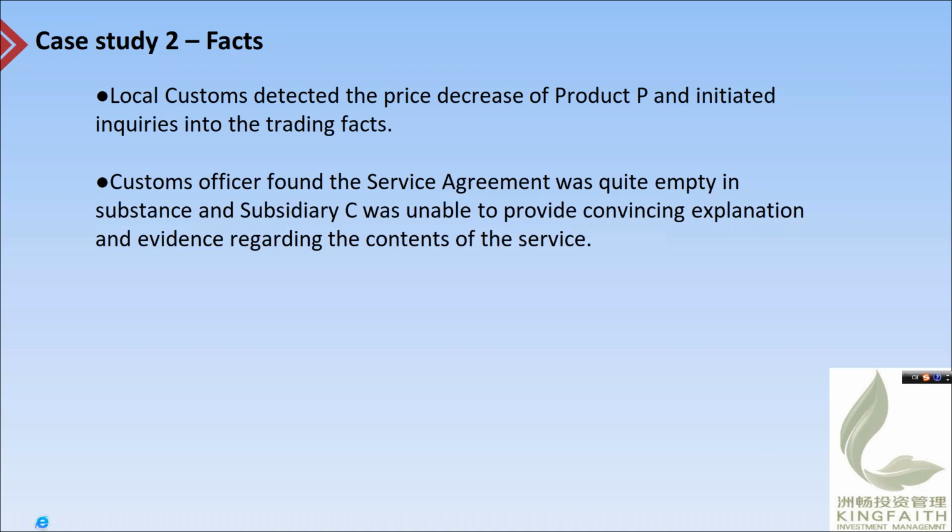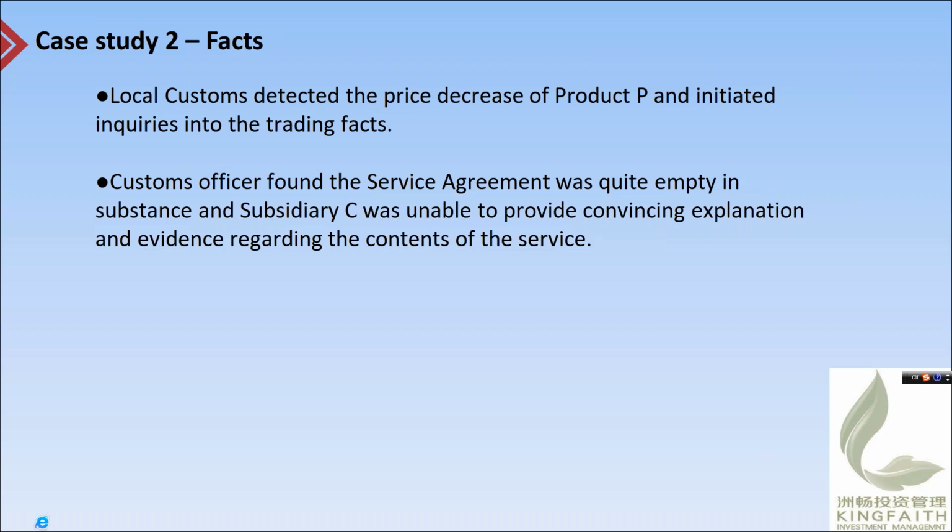And local customs officers inquired into the trading facts and collected some documents from the importer, and one piece of the documents is the service agreement. The customs officer concluded this agreement was quite empty in substance, and the contents of the service quite vague.